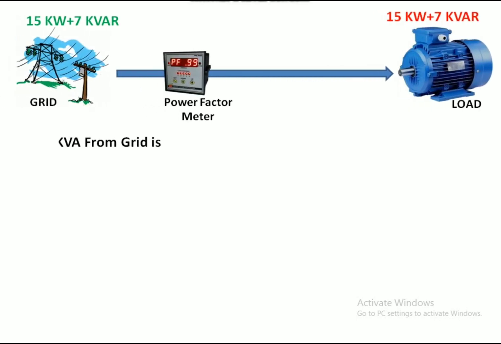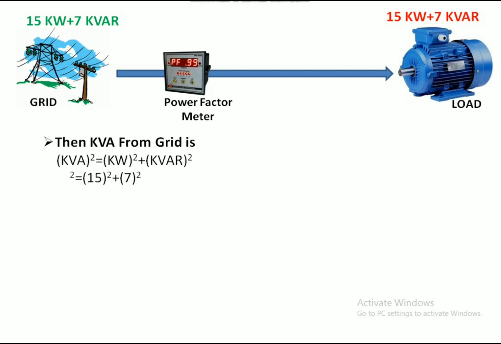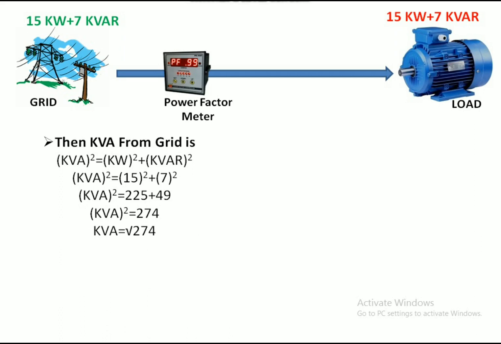As kVA square is equal to kW square plus kVAr square, we can calculate apparent power. kVA square is equal to 15 square plus 7 square, which is equal to 274. And kVA is equal to square root of 274, which is equal to 16.55. So the load is consuming 16.55 kVA apparent power from the grid.